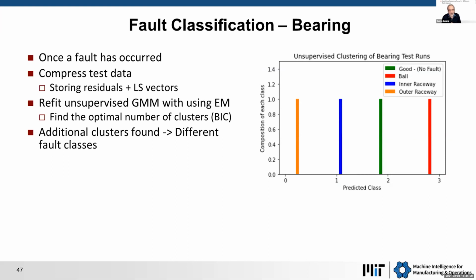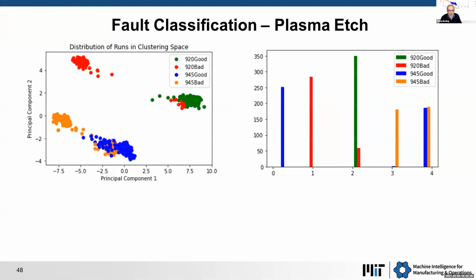Instead of just doing one class classification, we said, okay, can the latent space, that Z variable in an autoencoder, be run through a clustering algorithm to find an appropriate number of distinct clusters? Indeed, if you remember in that bearing case, we have the normal, the inner raceway, the outer raceway, and the ball bearing itself. And the RDGAMM with this clustering extension was able to identify 4 different clusters in that latent space and achieve really good separation.